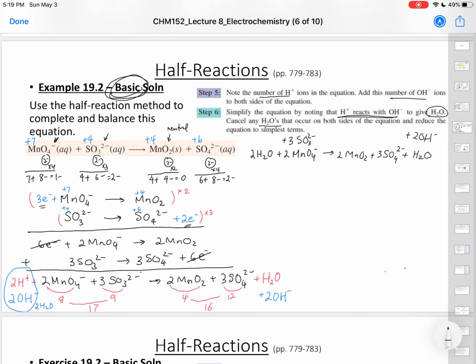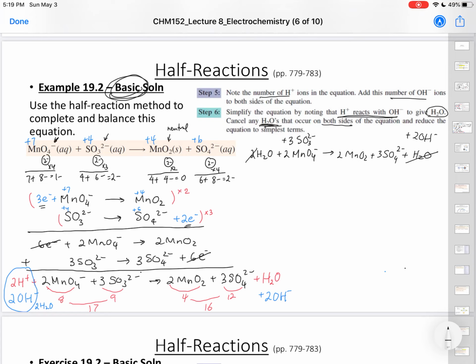Okay? Now, it says in step number 6 to cancel any waters that occur on both sides. There's a water on this side and 2 waters on this side. I'm going to cancel out 1 water on each side. Again, I'm going to cancel out 1 water on each side.